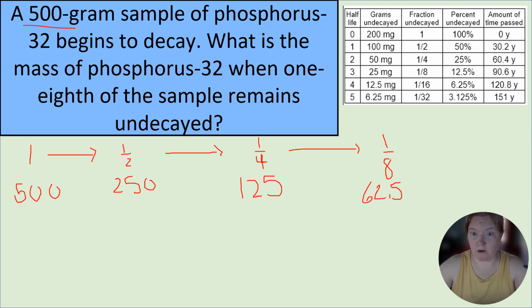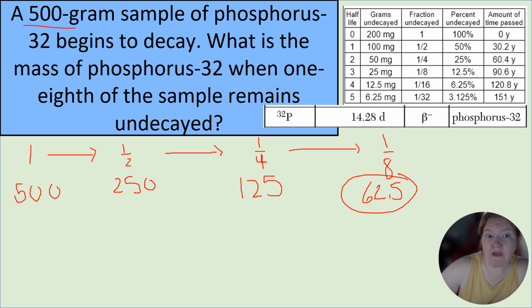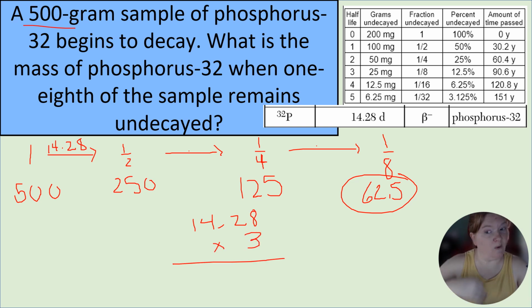So what is the mass of the sample when it's 1/8 left? 62.5 grams. You can look up how long that would take. That's not the question, but if you needed to know, this one takes 14.28 days, and so does this one and this one. So it would be 14.28 days times 3 half-lives, if I wanted to know how long it took.